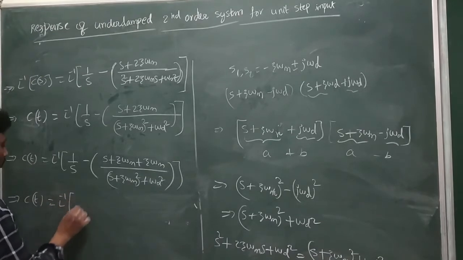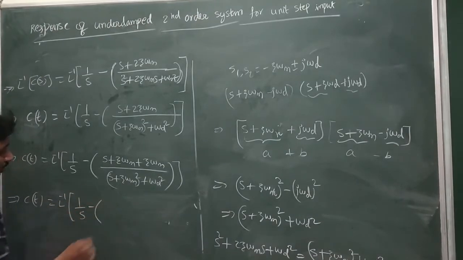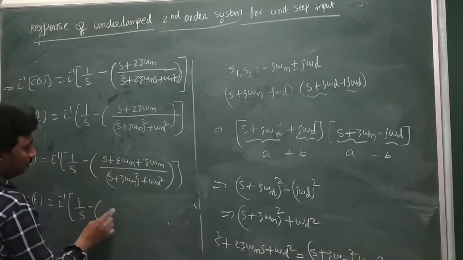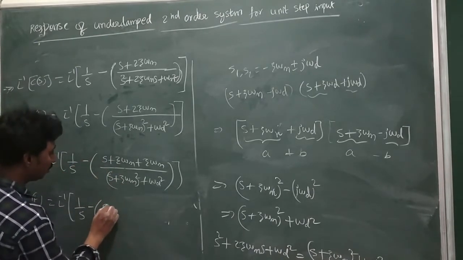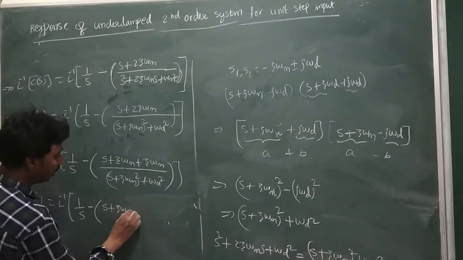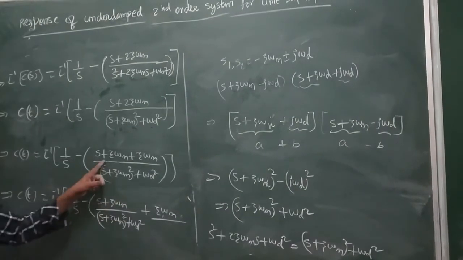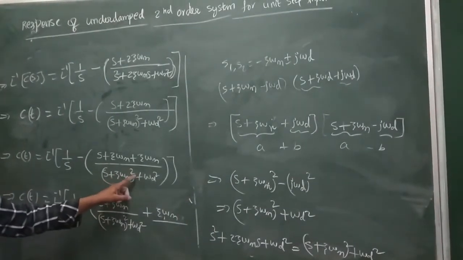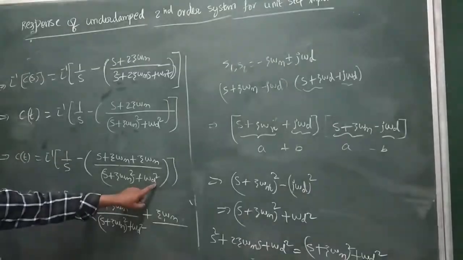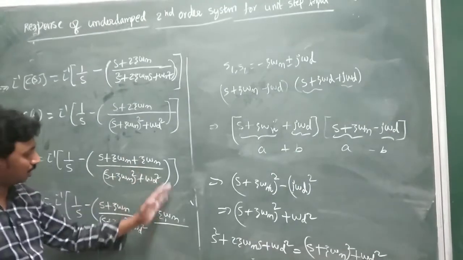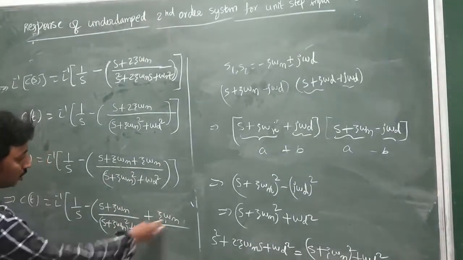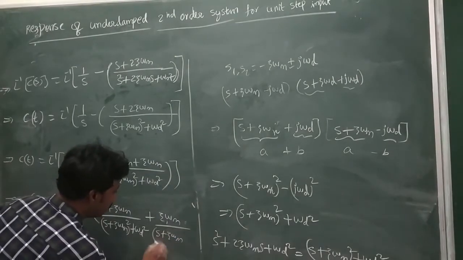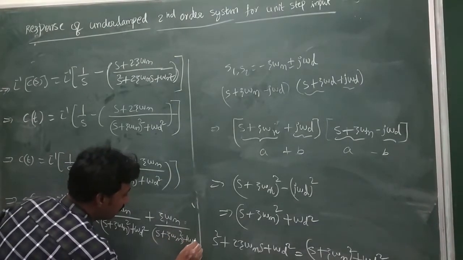C(t) is equal to L inverse of 1 by s minus, I'm going to write this one, just separating this fraction. So I have written (s plus zeta omega n) by (s plus zeta omega n) square plus omega d square, and another one I split like this, zeta omega n by (s plus zeta omega n) square plus omega d square.